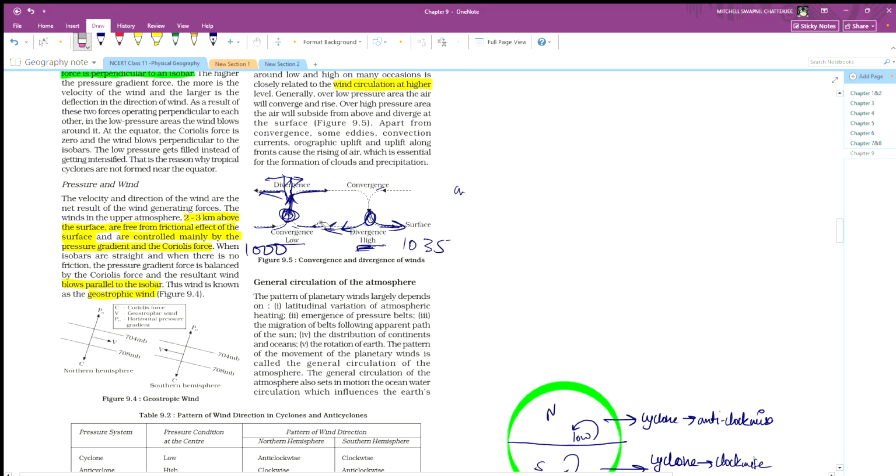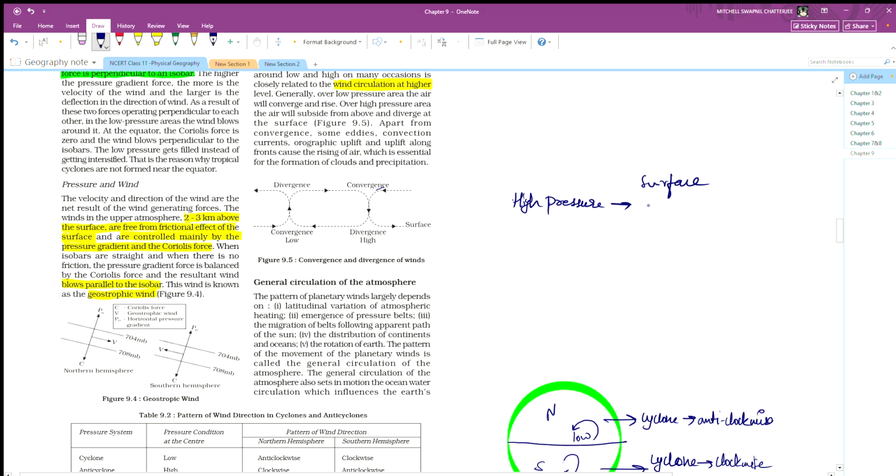Let's write this down. In much simpler terms, high pressure: what happens at the surface?